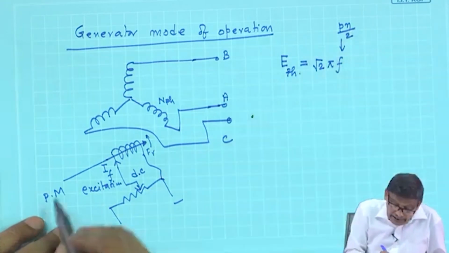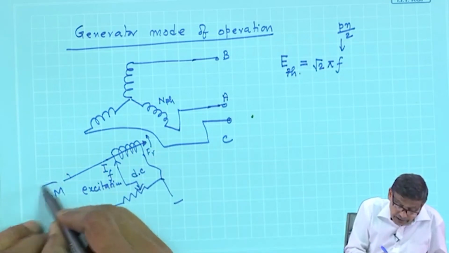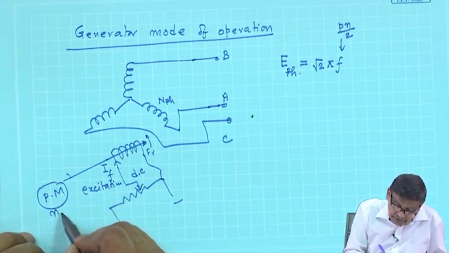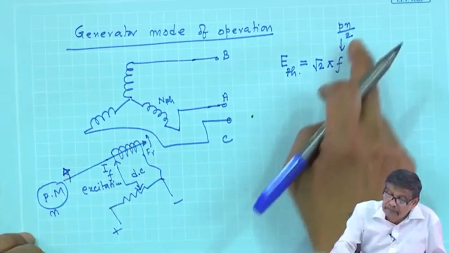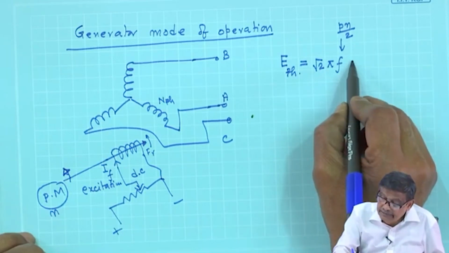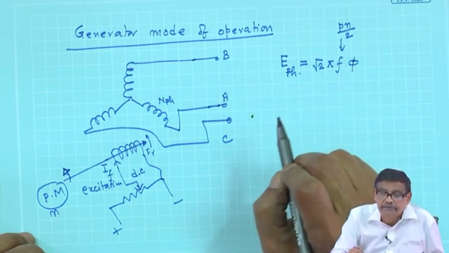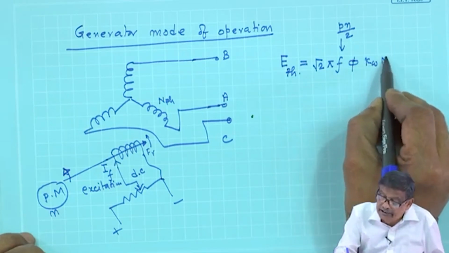What is N? N is the speed in RPS of this prime mover. So, the prime mover is driving it with a speed N. Root 2 pi F, then there is a term called phi, and then Kw, winding factor, and then N phase.